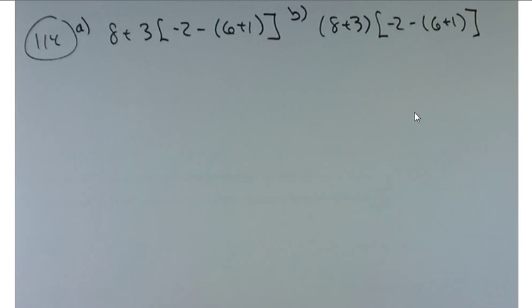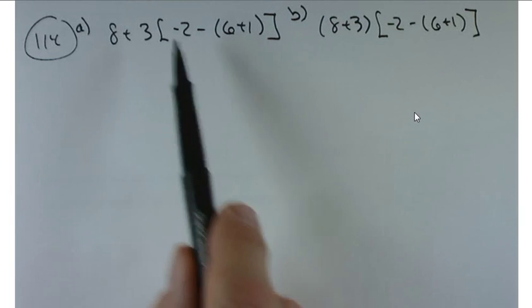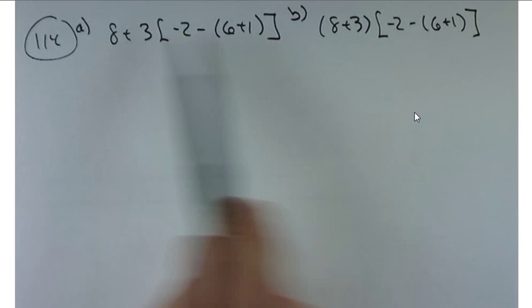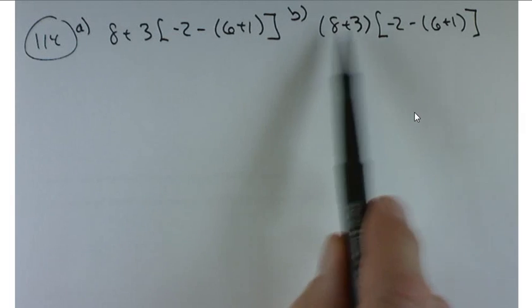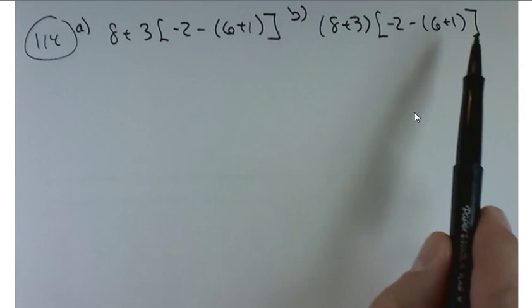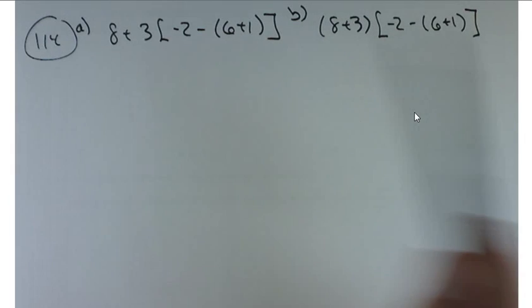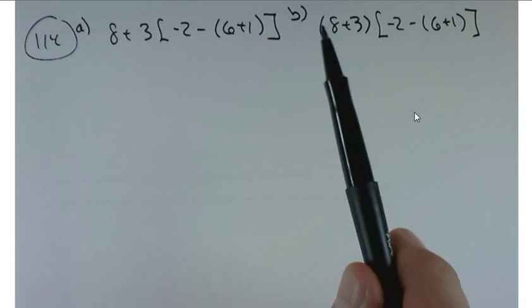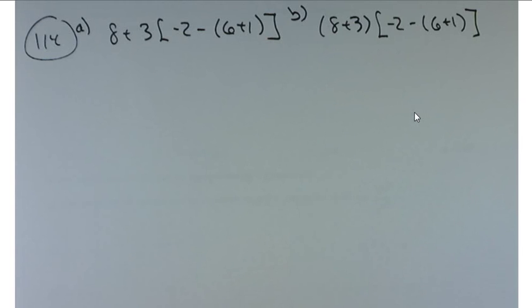Does anyone notice it? Yeah, the parentheses around the 8 and 3. Here, it's going to be 3 times whatever this is. Here, it's going to be 11 times whatever this is. So it makes a big difference in terms of the final answer. It also changes the way you work through this a little bit. Give that a shot.